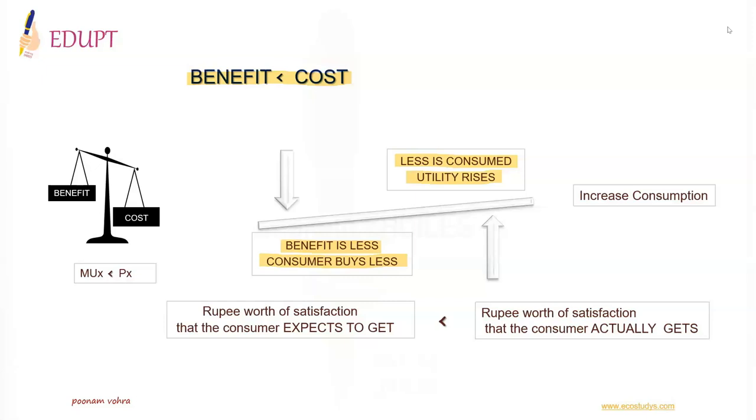As he buys less, marginal utility increases, or in economic terms, marginal utility of X is less than the price of commodity X. It implies that rupee worth of satisfaction that the consumer expects to get is much less than the rupee worth of satisfaction that the consumer actually gets. In order to attain equilibrium, the consumer is required to increase consumption.